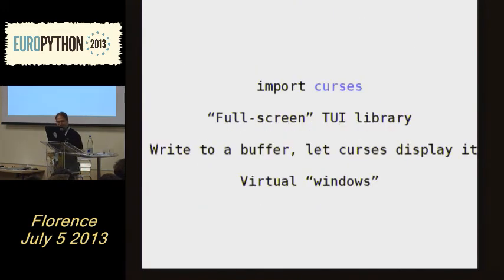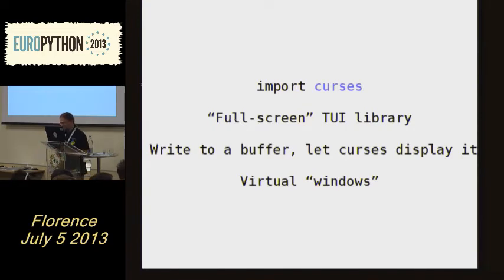And now, if you want to do full screen applications, you can import curses, which is like a full screen text user interface library. You write data to a buffer, there are some helpers for that, and then let curses display it. And it has virtual windows, so you can have portions of the screen that are pretty much independent.